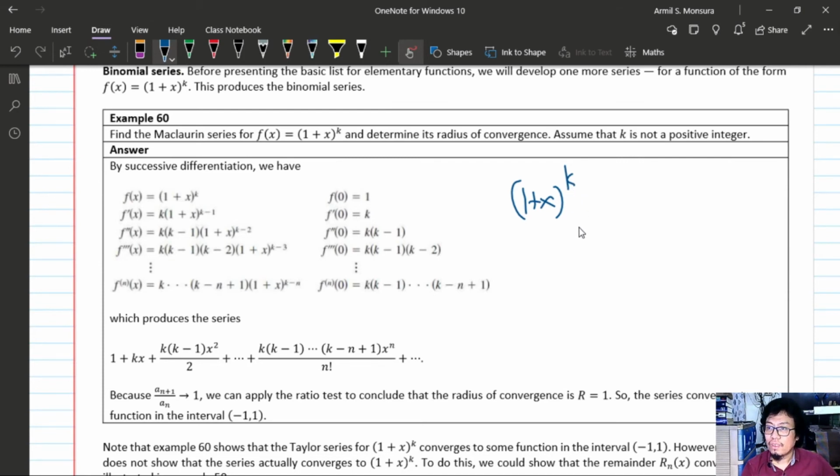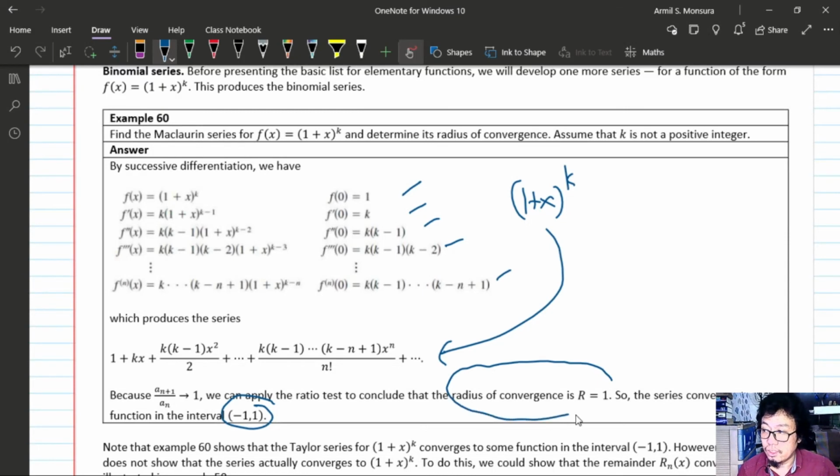If you try to find a Taylor or Maclaurin polynomial for that, you would have to do successive differentiation, which would produce this series, and verify that this is convergent in the interval -1 to 1, with a radius of convergence of 1.